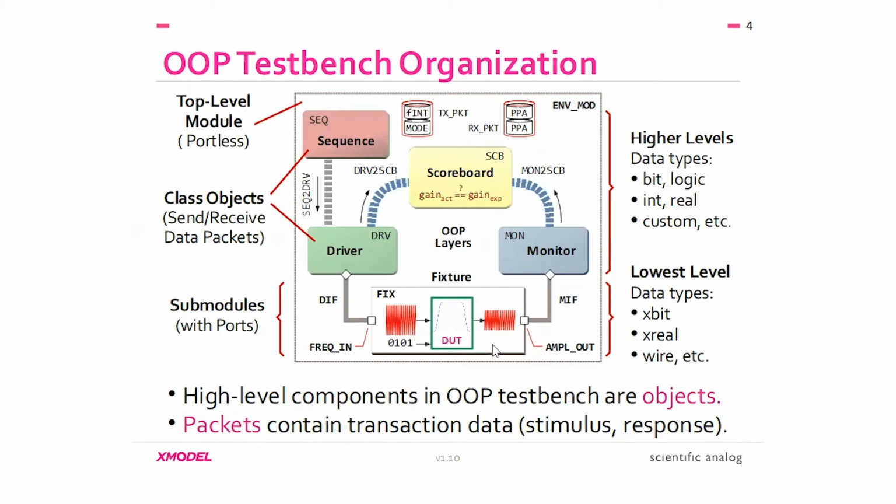In this fixture, we also encapsulate signals of X-bit type or X-real type. These are X-Model's custom SystemVerilog data types that enable it to do fast and accurate simulation of analog quantities in a conventional event-driven simulator.